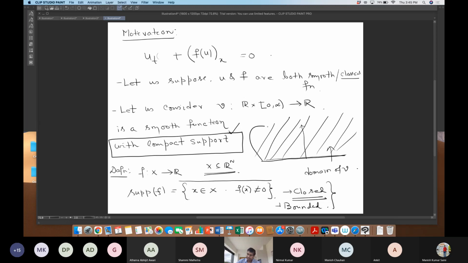Clear? Suppose there is some set in this domain where the function is non-zero. Can you tell me what will happen at the boundary of that compact set? What can you say about the functional value at the boundary point?